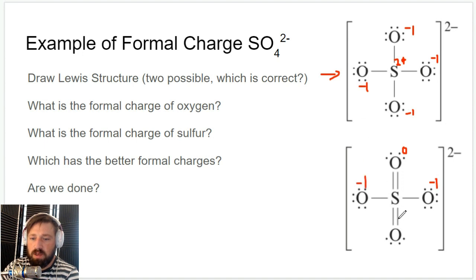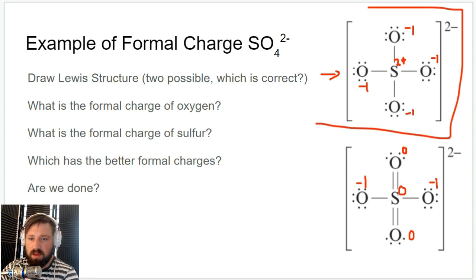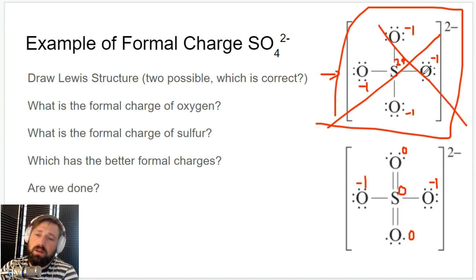Same for this one. This one, 1, 2, 3, 4, 5, 6, 0. And for sulfur, we have 1, 2, 3, 4, 5, 6. Sulfur normally wants 6, so it's 0. You can see that the bottom one is a lot lower in formal charges than the top one. So the top guy is not the correct structure, and the bottom one actually is.